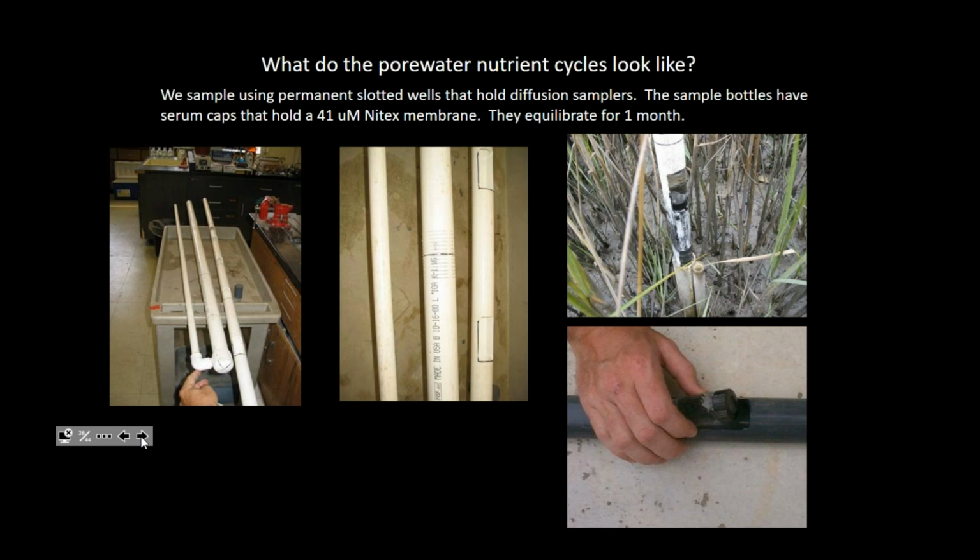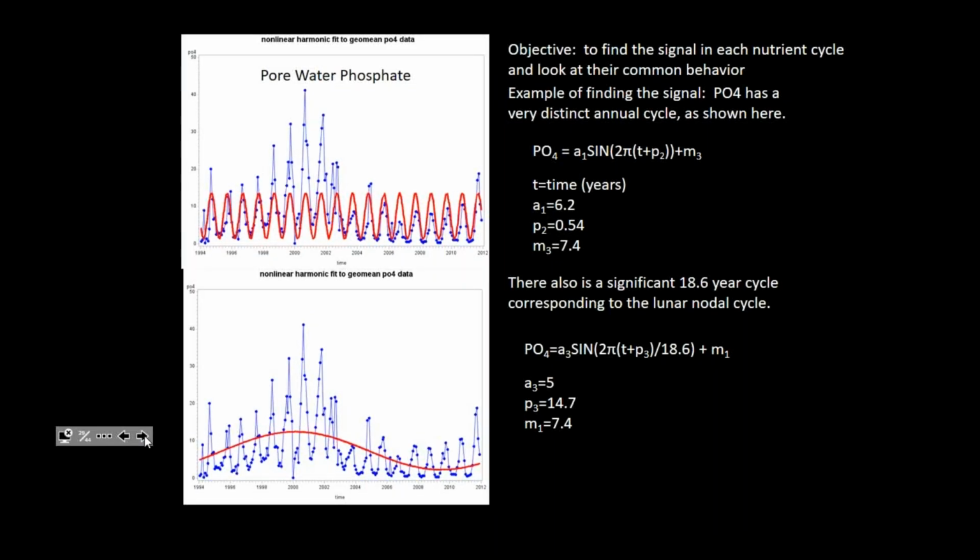The insert pipe here has a serum vial filled with distilled water capped with Nitex membrane. It sits inside this pipe opposite these slots. And so we can then very quickly swap out a set of vials and analyze them.